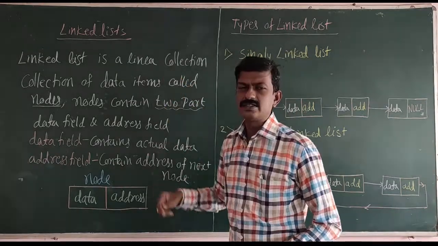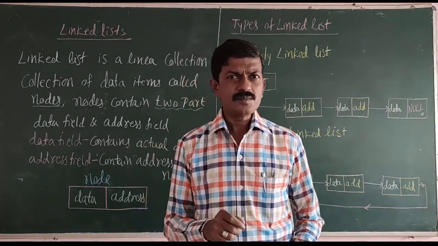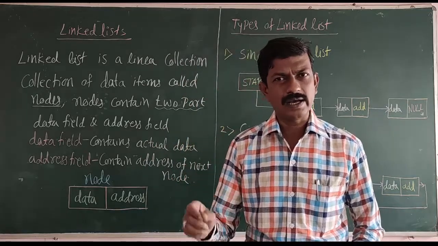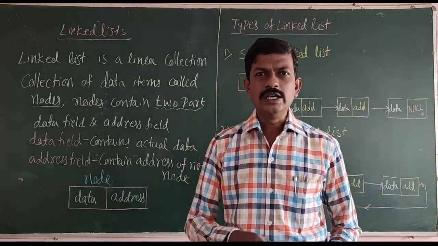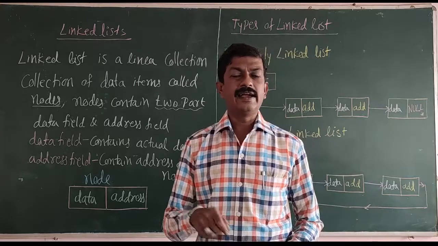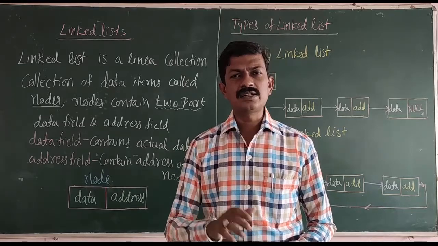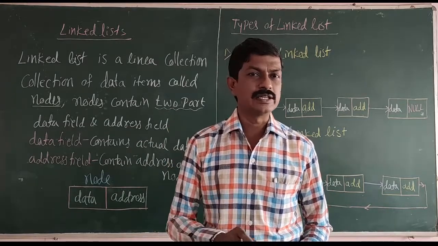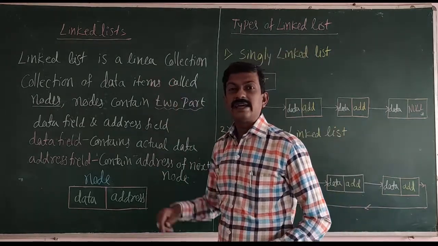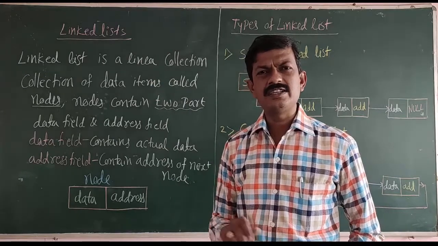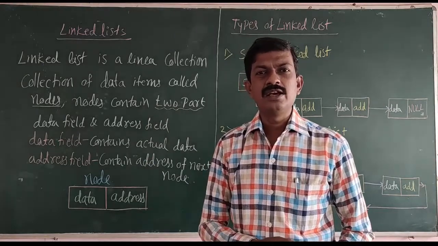Before we discuss this linked list, I just want to revise the disadvantage of arrays. An array is a static structure. Static structure means it does not allow you to increase or decrease the size of the array at runtime. Whatever memory we allocate for an array data structure is fixed. It is not possible to alter. But what we are discussing in this class is a linked list. It is dynamic in nature. By using this we implement dynamic memory allocation.